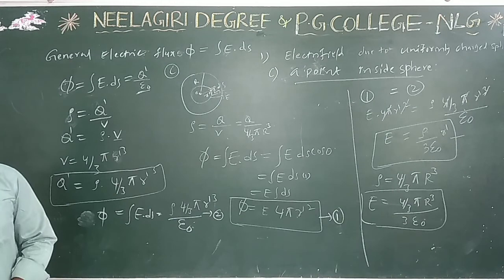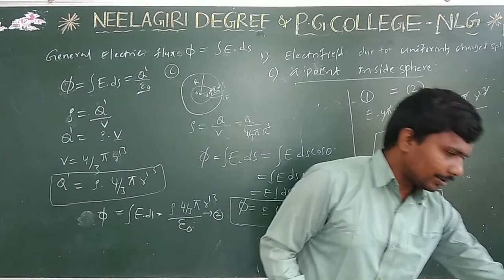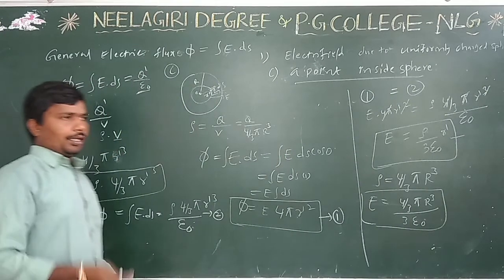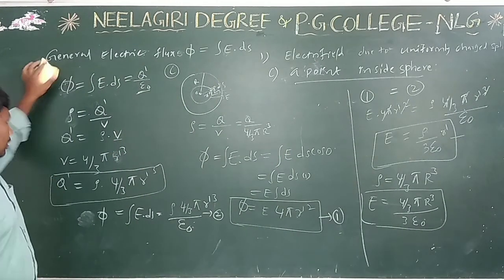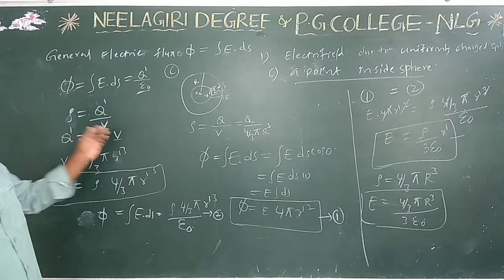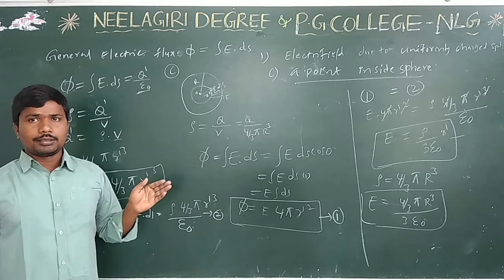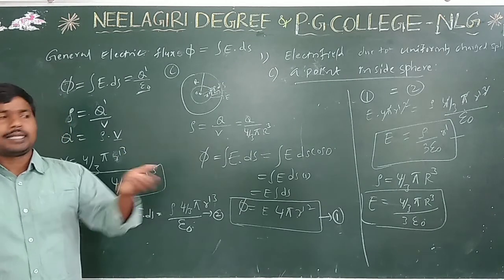We see the relation between the three cases: a point inside the sphere, a point outside the sphere, and a point on the sphere. Once again I repeat, listen carefully. If they ask about outside the sphere, we get the answer simply.